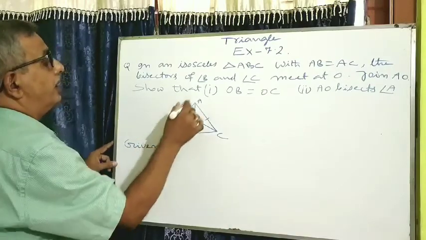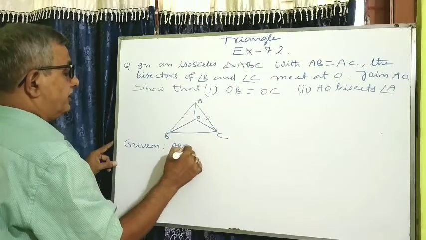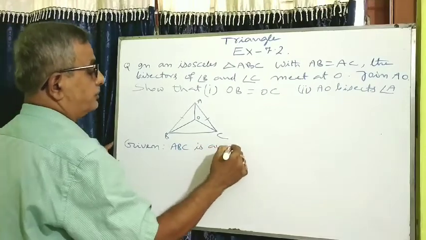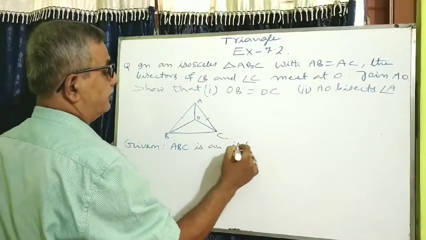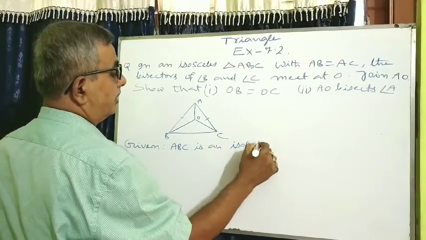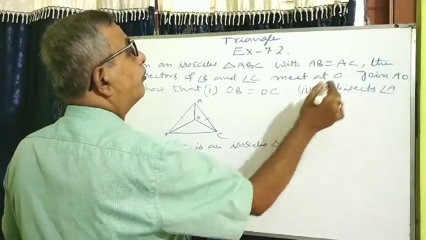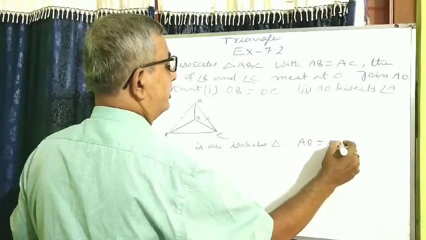Given, ABC is an isosceles triangle. Whatever is given, I have written, isosceles triangle. One more thing is given. AB is equal to AC.